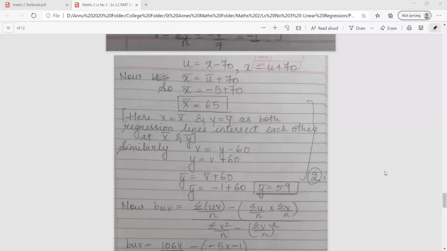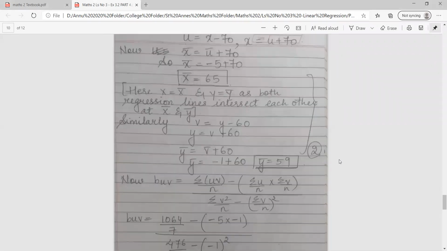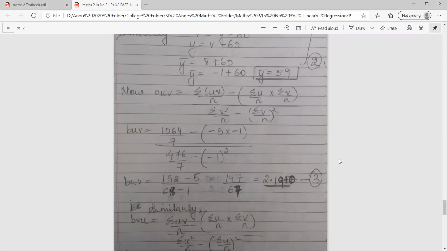So first we'll find out the regression coefficients in terms of u and v. So b uv ढूंढेंगे and b vu ढूंढेंगे. So I've put the formula summation uv upon n minus summation u upon n into summation v upon n divided by summation v square upon n minus summation v upon n the whole square.